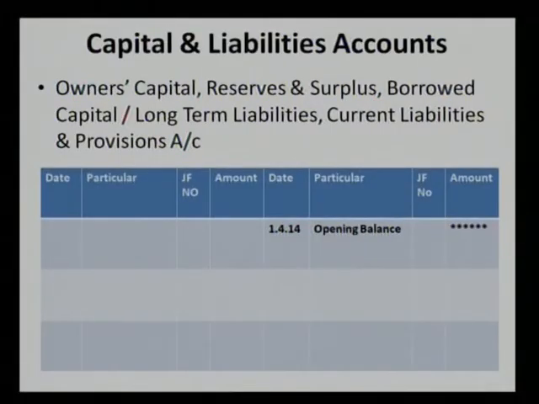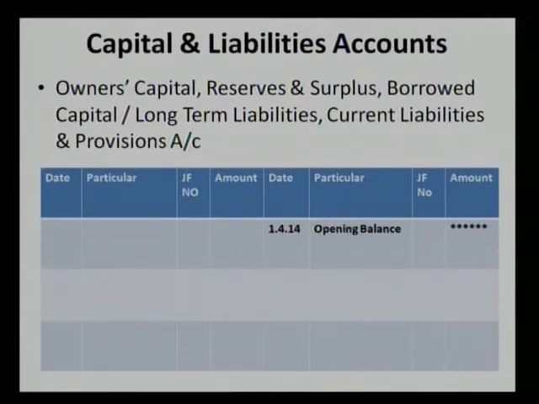Now again look onto your screen. That is the second part, how we have to open such accounts, mentioned on your screen please. All such capital as well as liabilities accounts include owner's capital, reserves and surpluses or the reinvested profits.